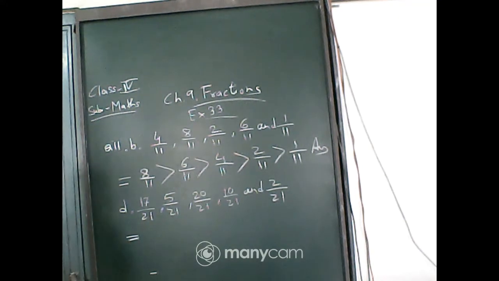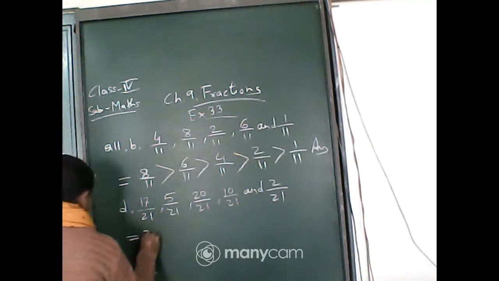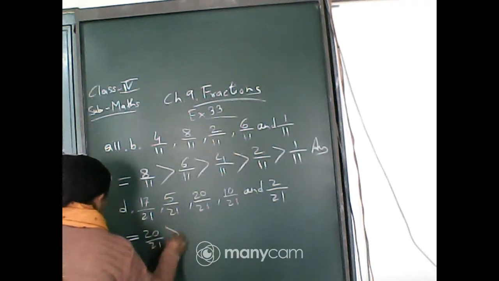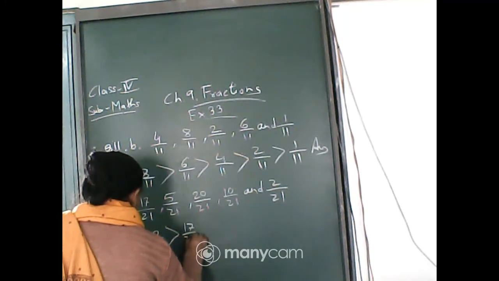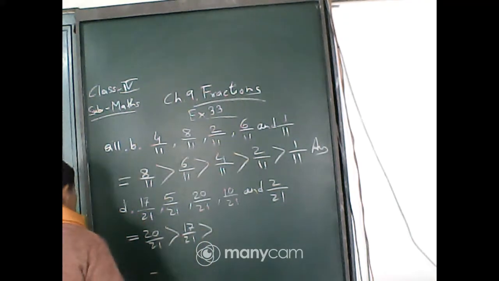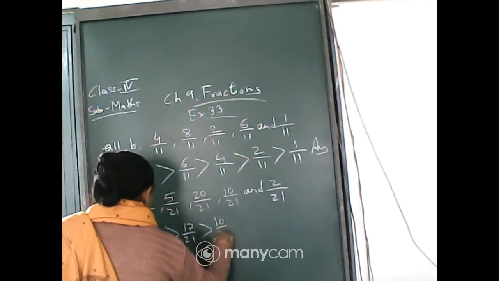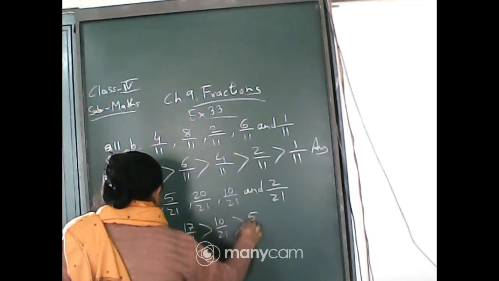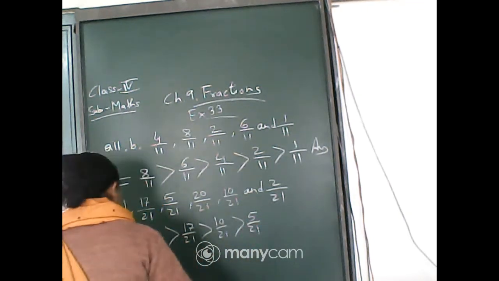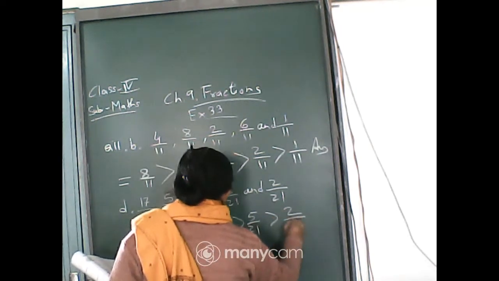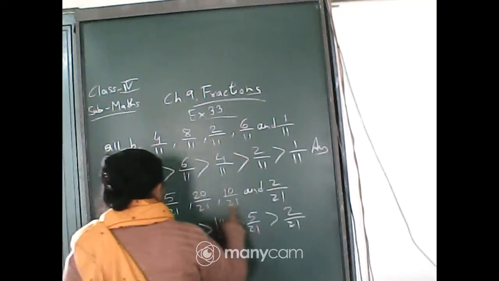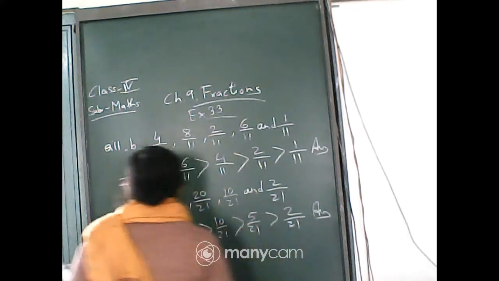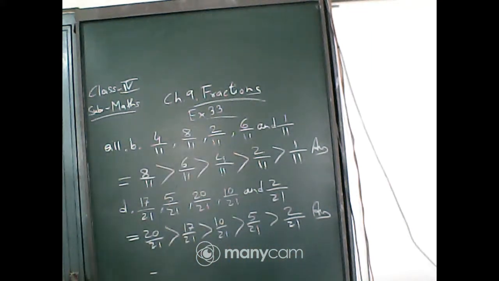The bigger one is 20 by 21. 20 by 21 greater than 17 by 21 greater than 10 by 21 greater than 5 by 21 greater than 2 by 21. 1, 2, 3, 4, 5. So, this is the answer for part D.